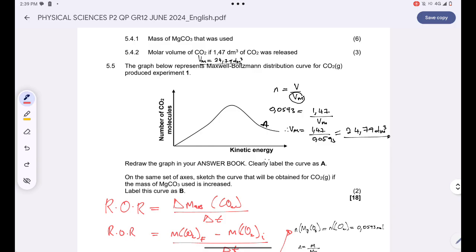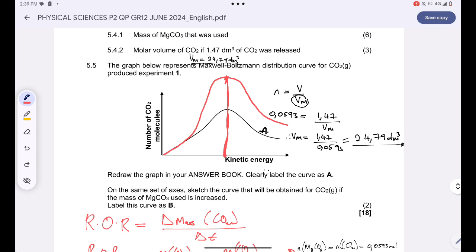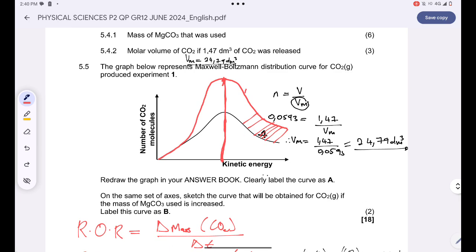Whenever we increase the mass, that means we'll form more carbon dioxide. Nothing changes over here. The only difference is that the peak will be higher. We'll have a higher peak just to show that more particles will have the kinetic energy to collide, and obviously we'll end up having more effective collisions as compared to the previous experiment.